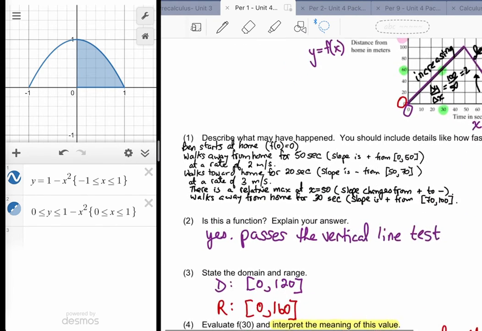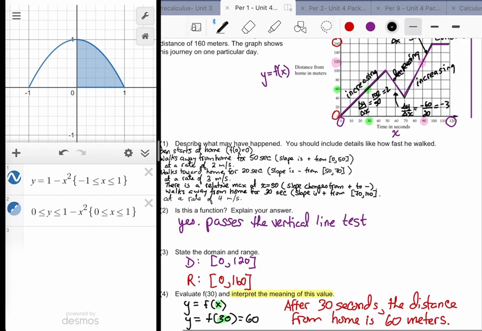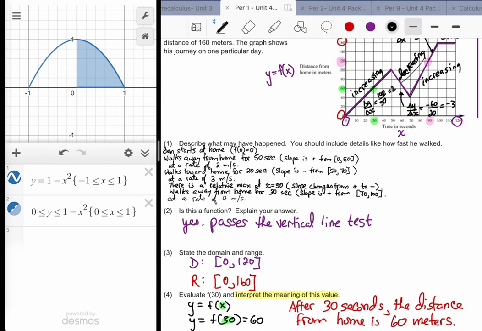I'm going to zoom in. So at a rate of 4 meters per second, but we also know that there's a relative minimum because the sign changes from negative to positive. And that happens at 70.